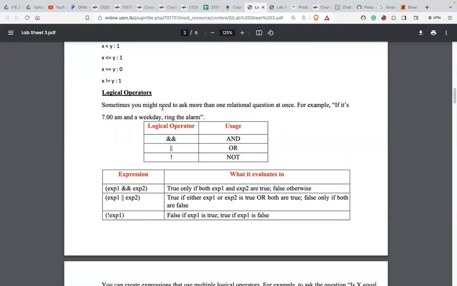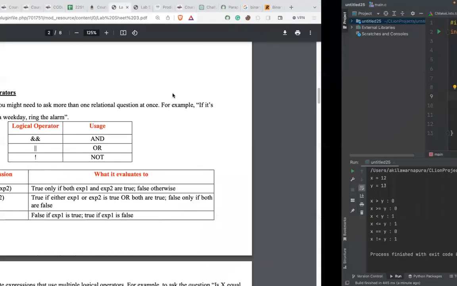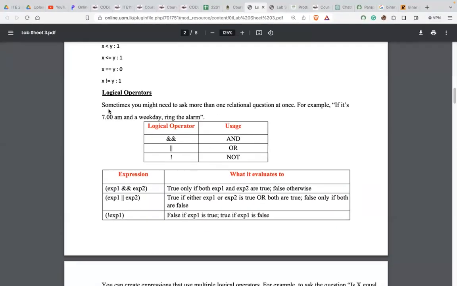Sometimes you might need to ask more than one relational question at once. That means you need to ask this one as well as another expression. For example, if it is 7 a.m. and a weekday, ring the alarm.